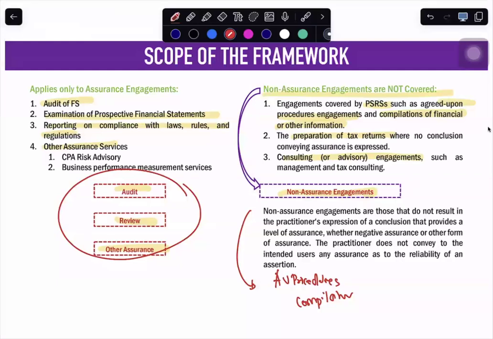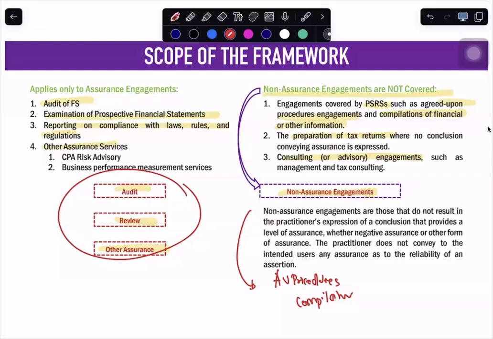If you do not look into a criteria, and you just compile or prepare a report, that is non-assurance. That is why agreed-upon procedures and compilations are non-assurance. That is purely because you prepare those items and you did not look into a possible criteria to check the correspondence of that subject matter information to a criteria.